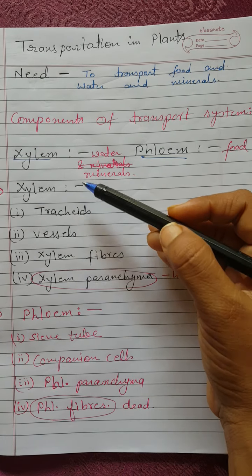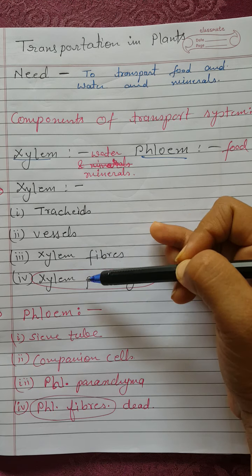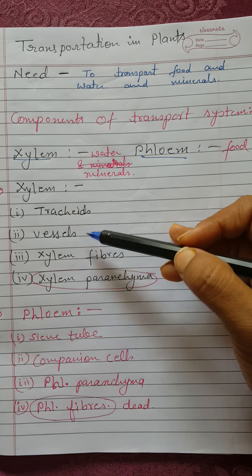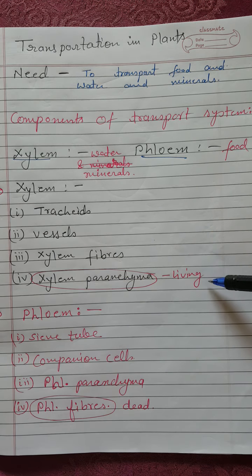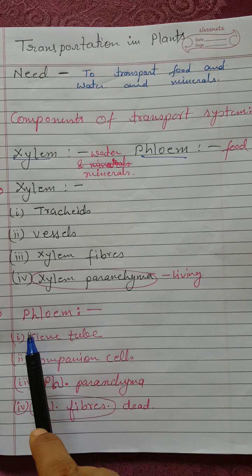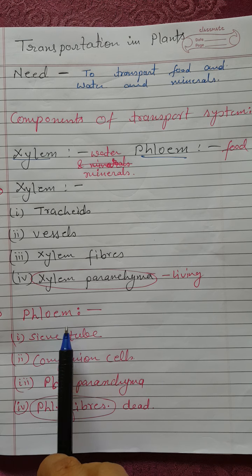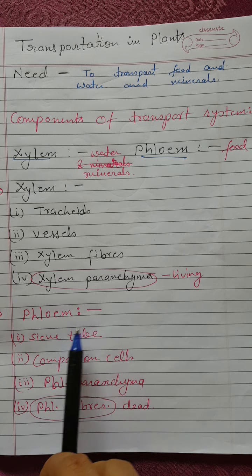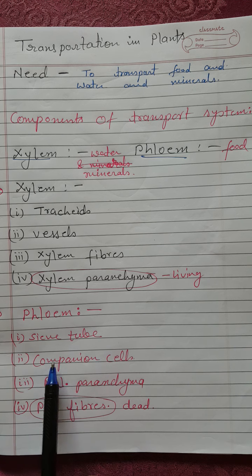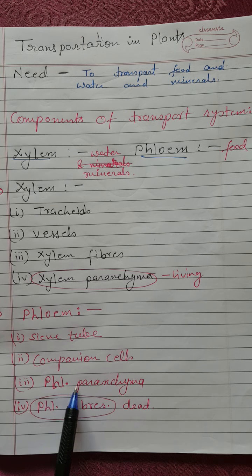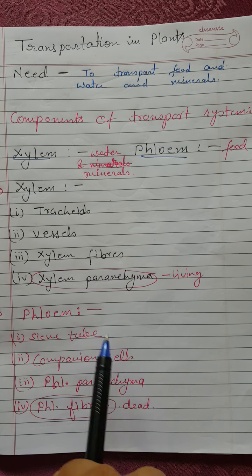You must know that xylem consists of four types of cells. These are tracheids, vessels, xylem fibers, and xylem parenchyma. And phloem consists of four different types of cells. These are sieve tubes, companion cells, phloem parenchyma, and phloem fibers.